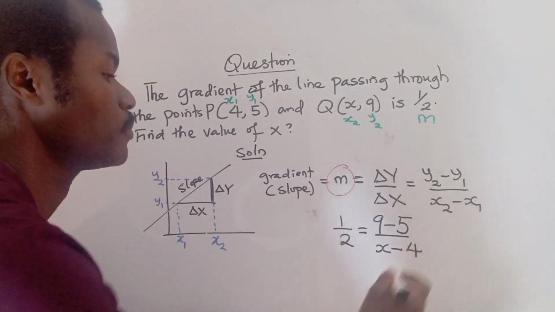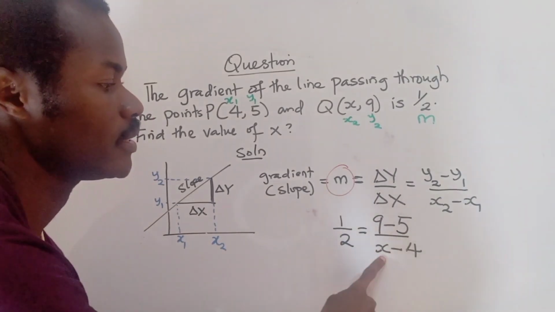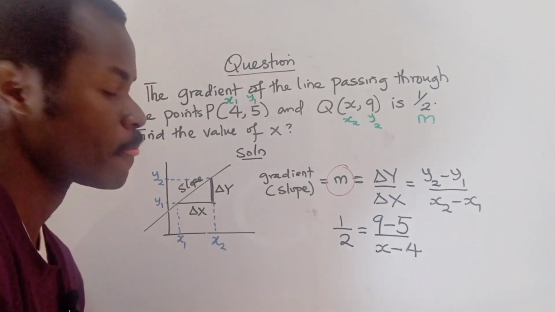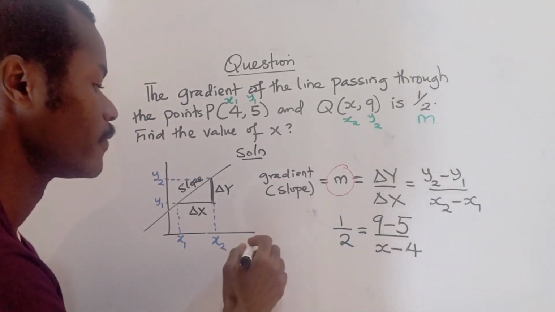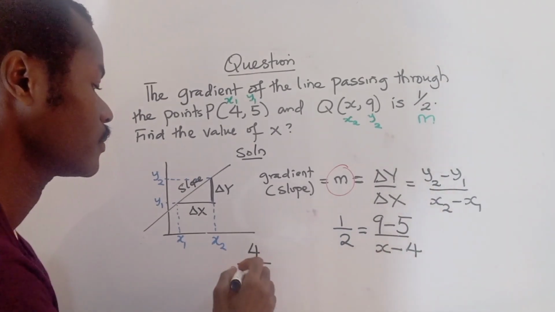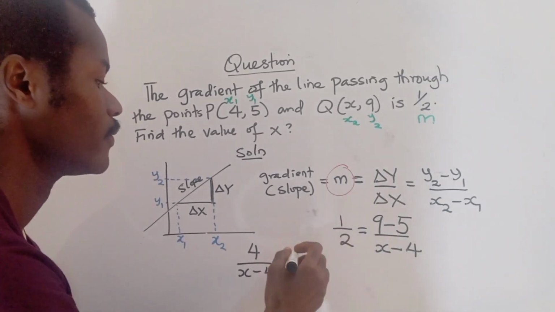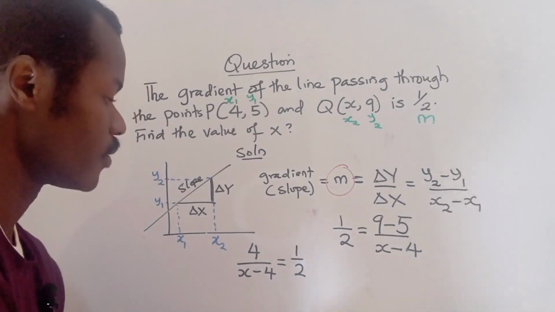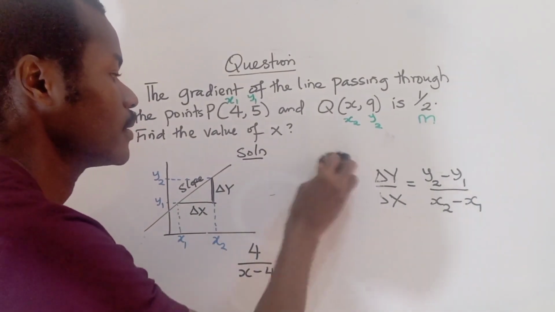Now we just have to solve this to get the value of x. Our 9 minus 5 is 4, so we have 4 divided by x minus 4, which equals a half.